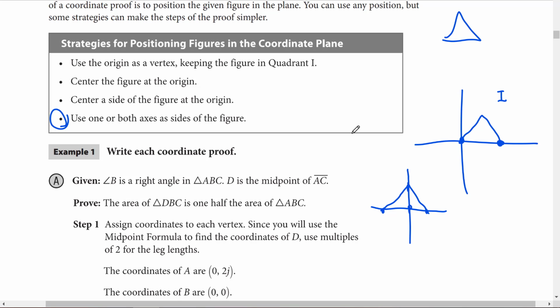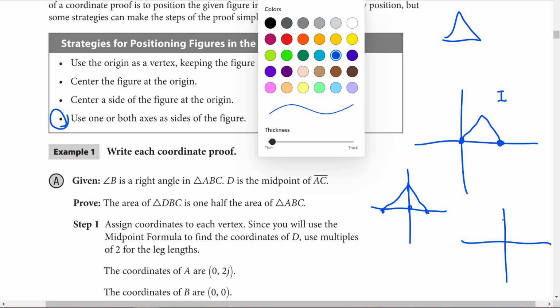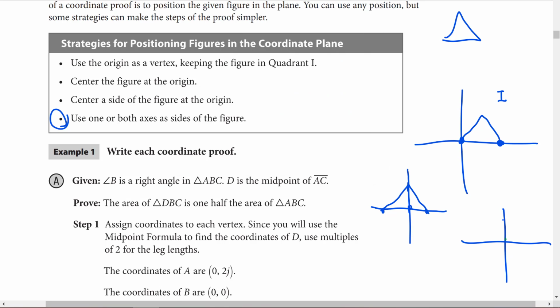I put one of my sides on the x-axis. If you have a right triangle, definitely put the right angle at the origin, and then you can put two sides on an axis. Making those sides completely horizontal or completely vertical is a lot easier mathematically to deal with.